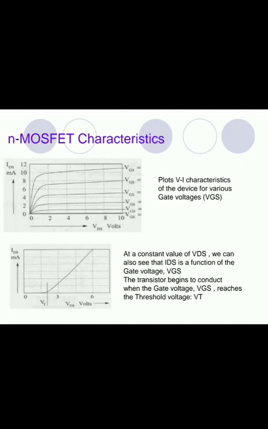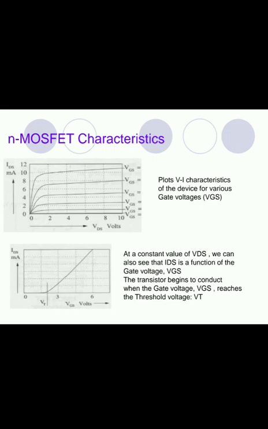Now we have already seen the MOSFET characteristics. The first is the VI characteristics of the device for various VGS, and the other one is at a constant value of VDS, where we can see that the value of drain current is a function of VGS.